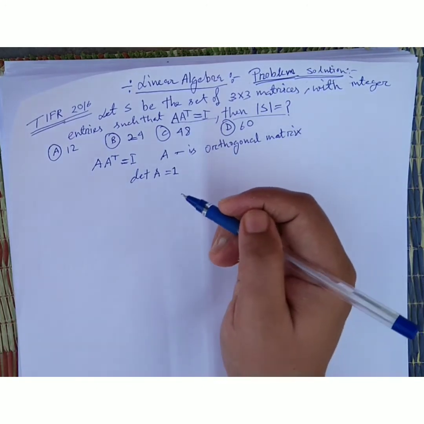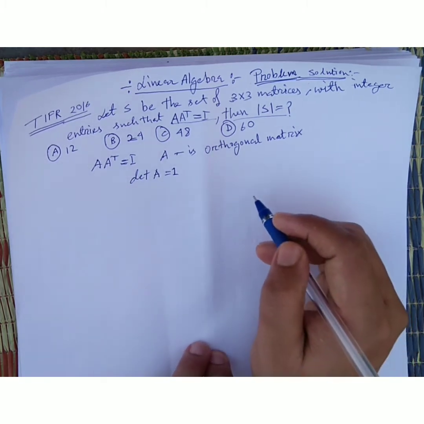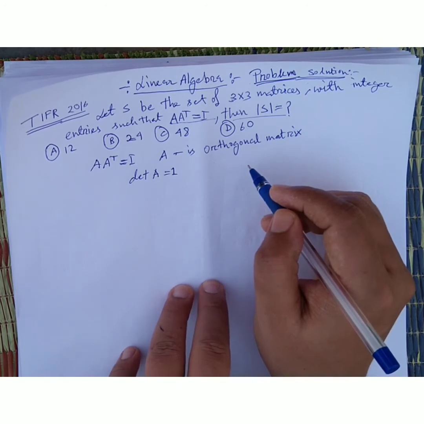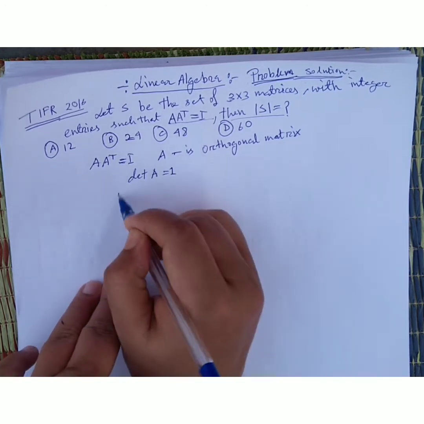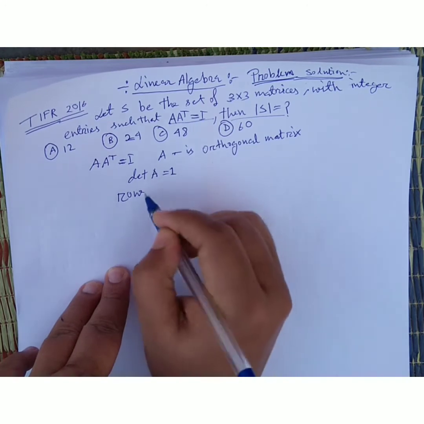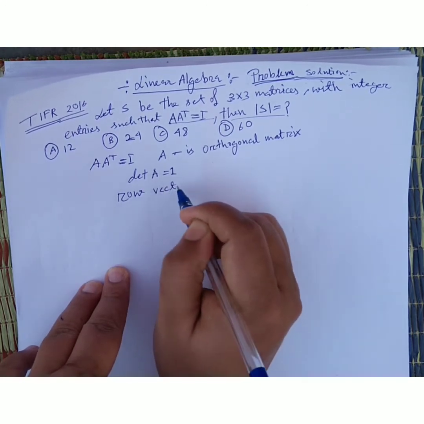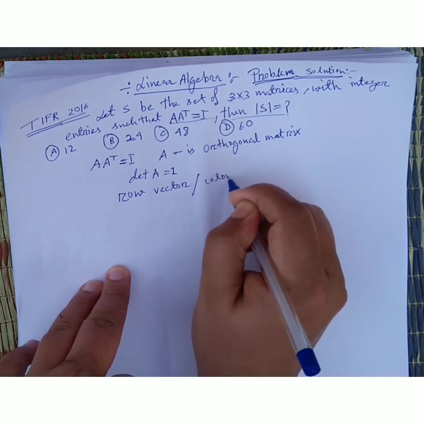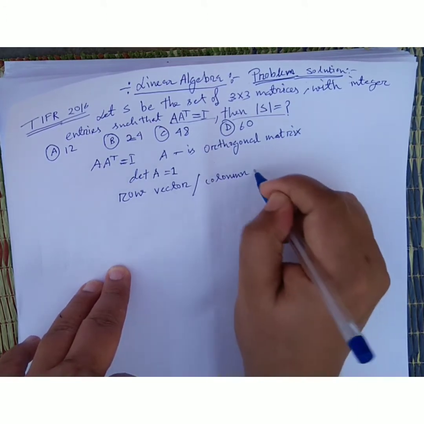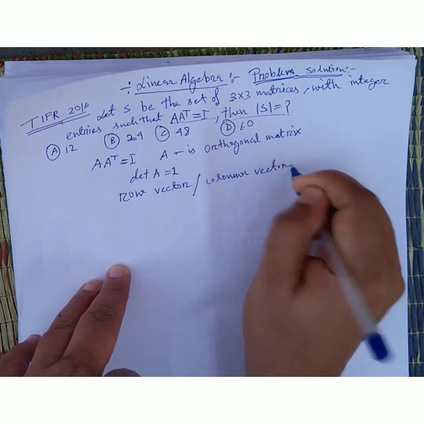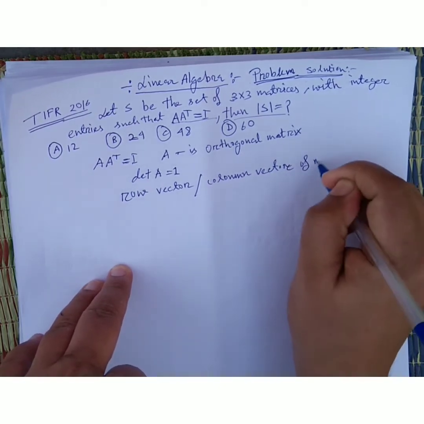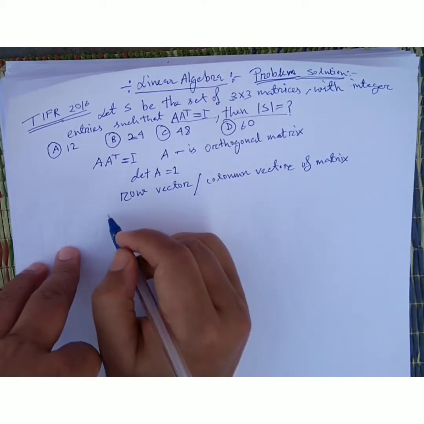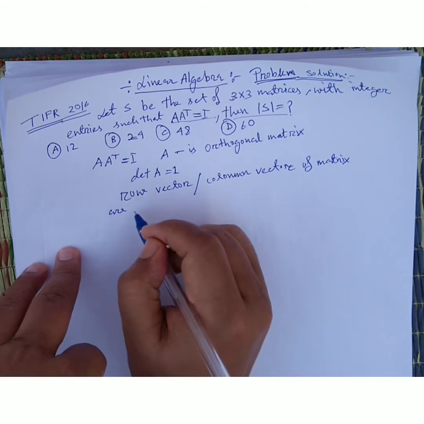Properties of the orthogonal matrix: the row vectors and column vectors of the matrix are orthogonal.